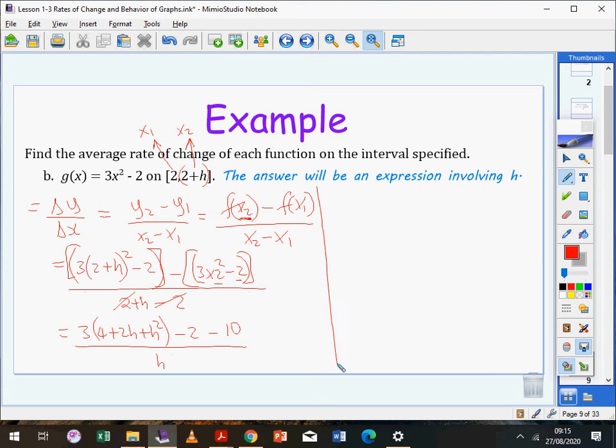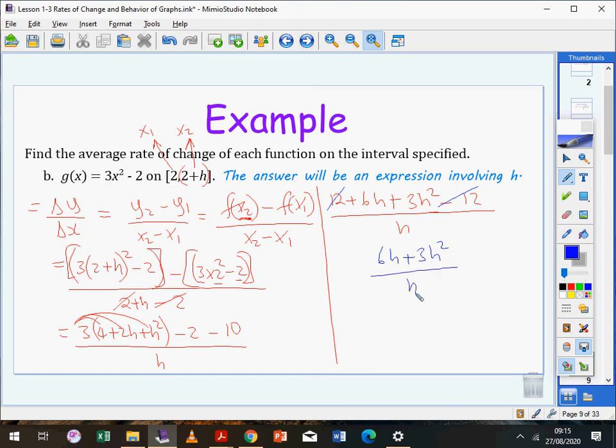Simplifying that, if the 3 goes inside these parentheses, I'll have 12 plus 6h plus 3h squared, minus 12, everything divided by h. The positive and negative 12 cancel out, and I'm left with 6h plus 3h squared, everything over h.